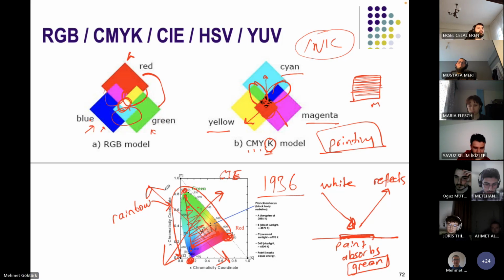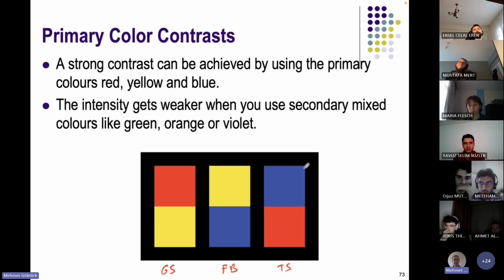Because when you combine this color and this color, you get something closer to white because there is white in the middle. So anything that generates white when you combine at equal or proportional amounts, we call complementary color.